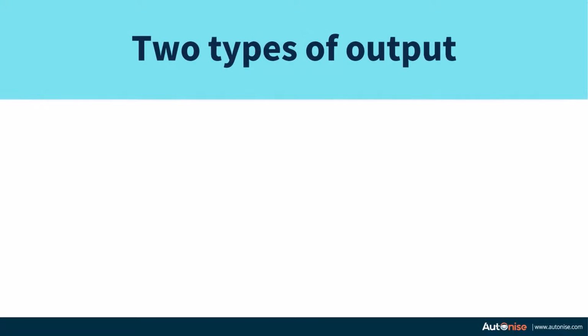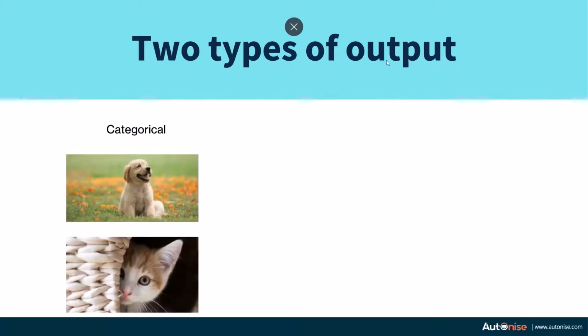So that was all regarding how to process your input data corresponding to three different kinds of tasks: images, chat, and audio. Now there are different kinds of outputs as well, and these are the two types of outputs. One is the categorical, where we have a category of, let's say, dogs, cats, and so on. We have discrete outputs.